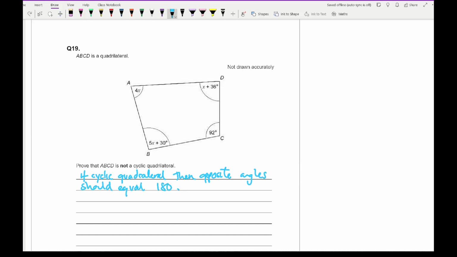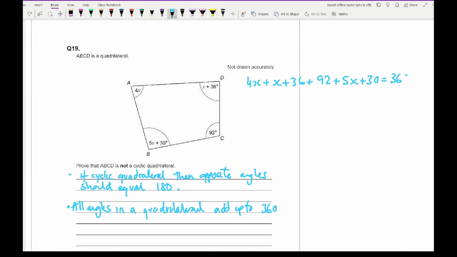Now here I know that all angles in a quadrilateral add up to 360 degrees. So if I add up all of these angles, 4x plus x plus 36 plus 92 plus 5x plus 30 equals 360.